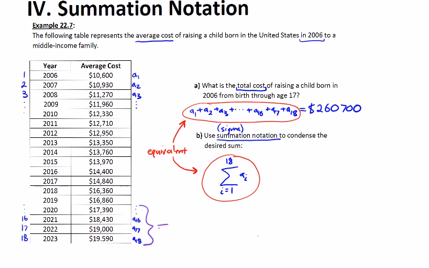Then I could indicate that by saying A subscript i, but I'm not going to start with i equals 1. I would start with i equals 15 and then run all the way through 18. And so this would be a way for me just to work on these final 4 years. This is known as summation notation.